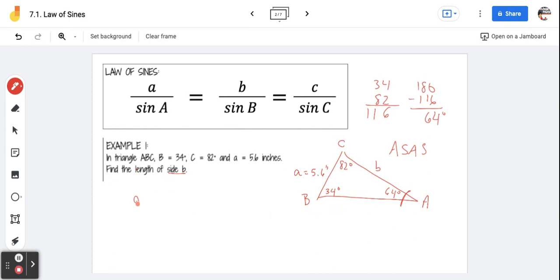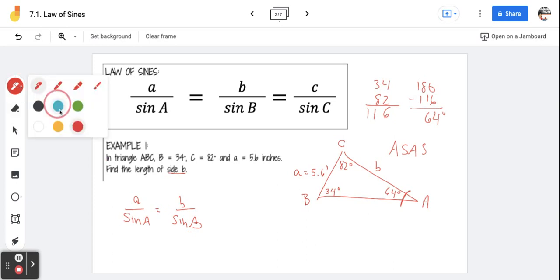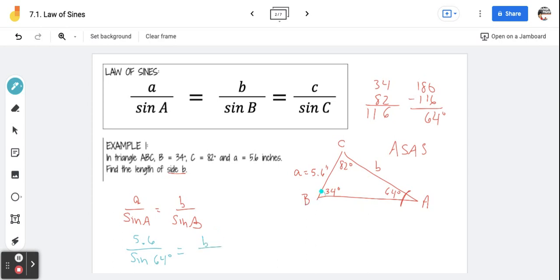So I'm going to set up A over the sine of A equals B, side B, over the sine of angle B. All right, so let's fill in what we know. So we know side A. We know angle A. So the sine of 64 degrees. We don't know side B. That's our unknown. That's what we're trying to find. But we know angle B. So sine of 34.